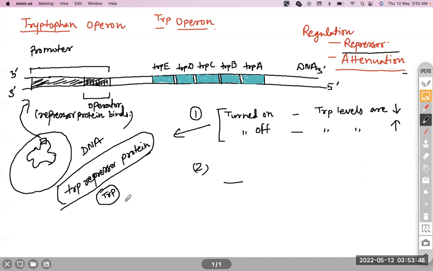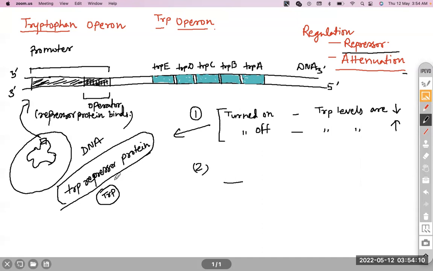So in that case, when the TRP levels are high, the TRP repressor protein is present in the form bound to tryptophan. When this protein is bound to tryptophan, then it can bind to DNA.